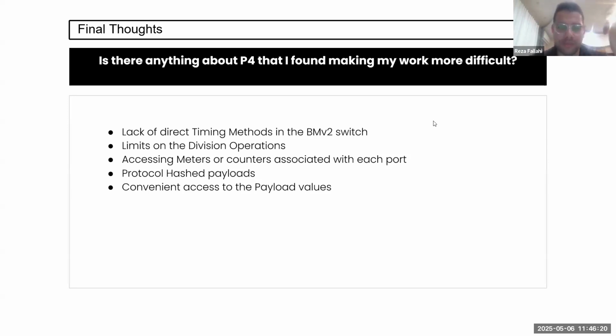For example, it would be great to have access to some kind of meters and things through the P4 code itself. That would be some kind of great thing. And another feature that I thought might be useful is accessing the payload values. Okay, we can access the payload values through the packet headers, but when we try to process HTTPS, for example, the values in the payload are encrypted.